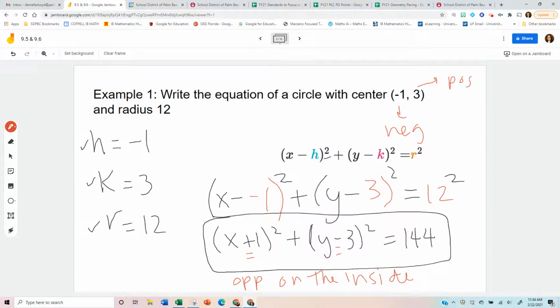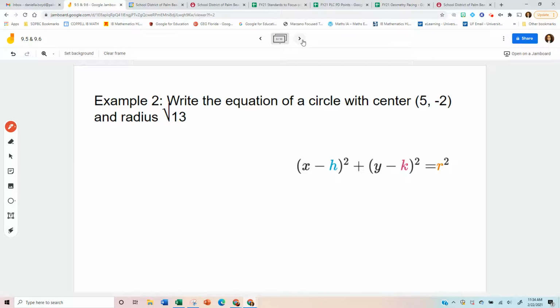All right, so let's try another one, something similar here. We want to write the equation of a circle with center 5, -2, and radius radical 13. I want you to take a second here, and tell me what you think h, k, and r are equal to. In other words, what h is equal to, what k is equal to, and what r is equal to.